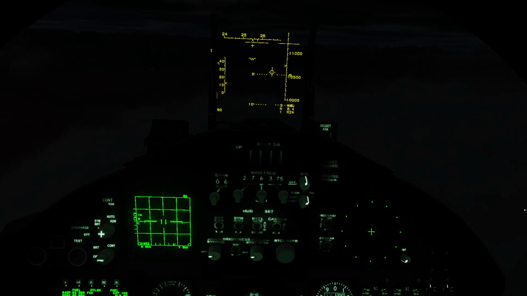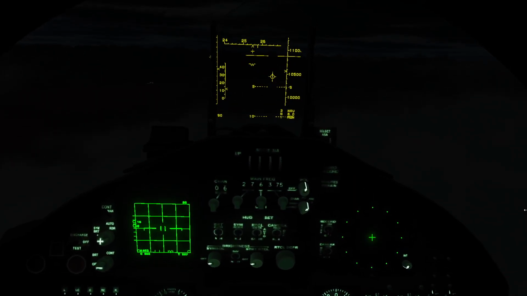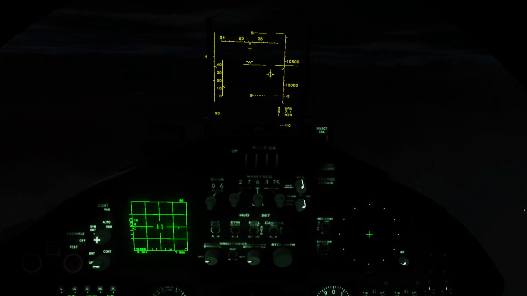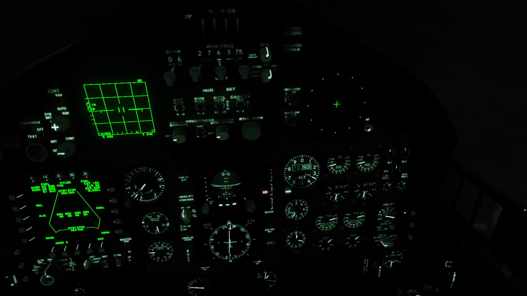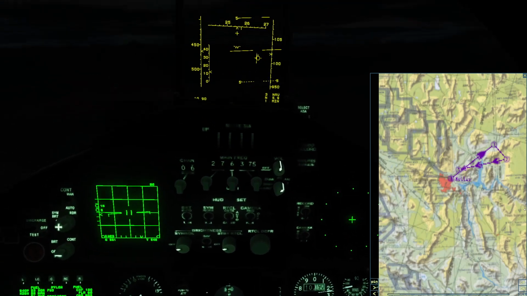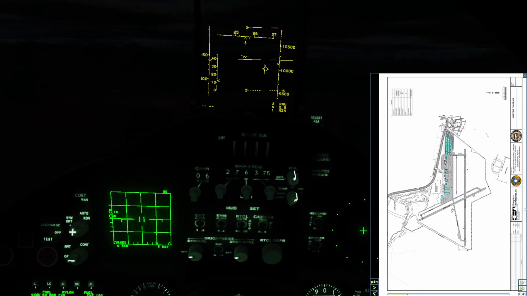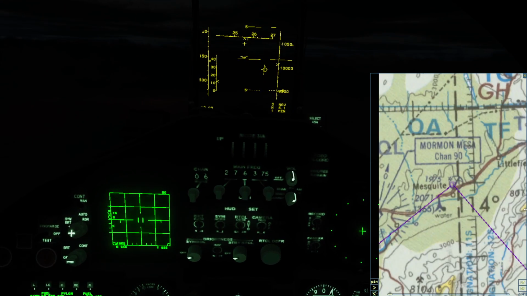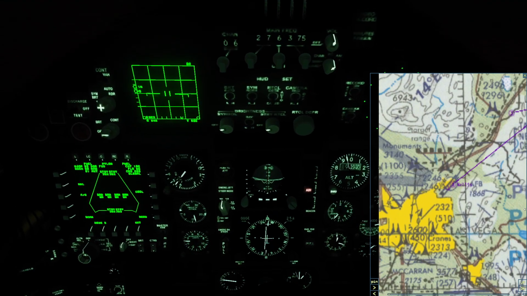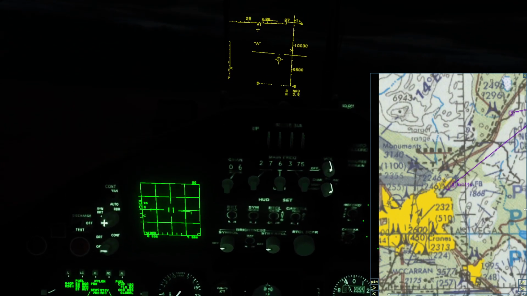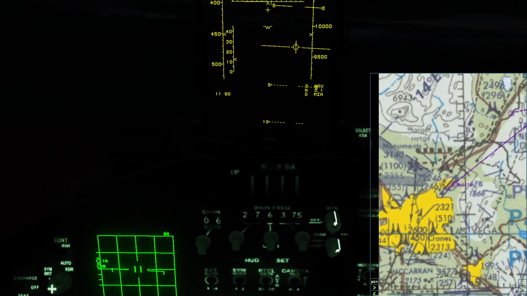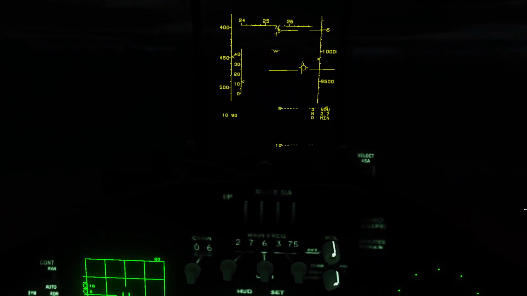Slowly bring the nose up. Alright, I know I've got 4 miles to fly. Waypoint 3 is off my nose. Put the map away.